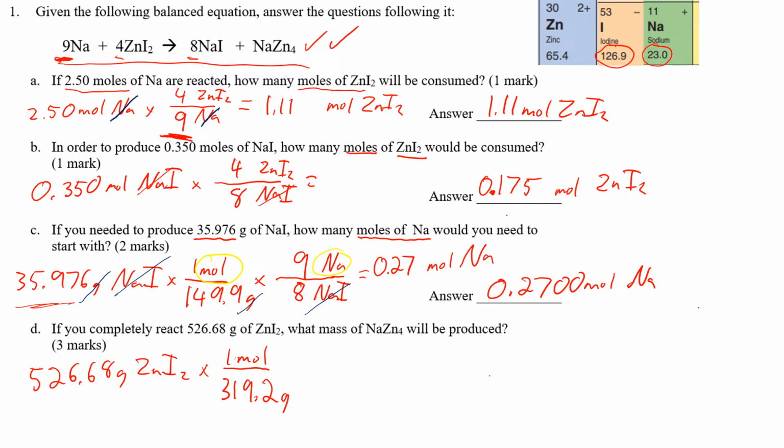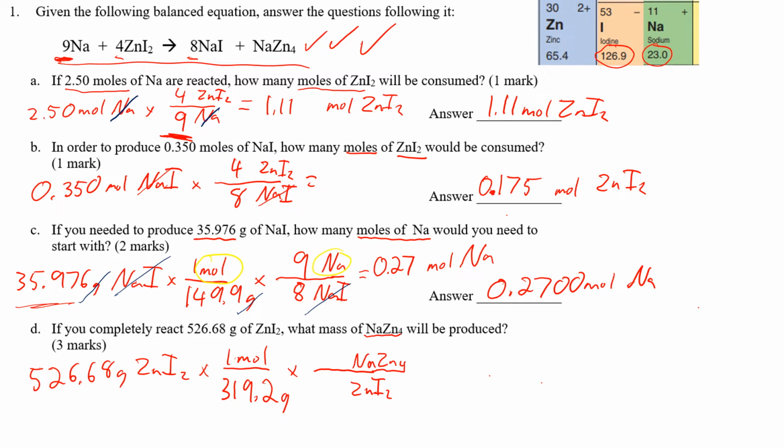Now my unit is in moles of zinc iodide. So now that I'm in moles of zinc iodide, I can use my molar ratio. I can use my balanced equation. So I want zinc iodide to go away, so I'm going to put zinc iodide down there. What I want is this sodium zinc alloy, and I'm going to put that up here, NaZn4.